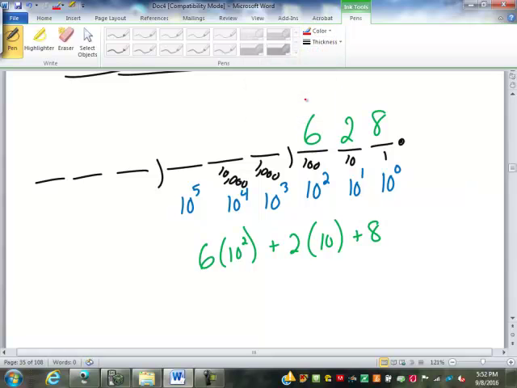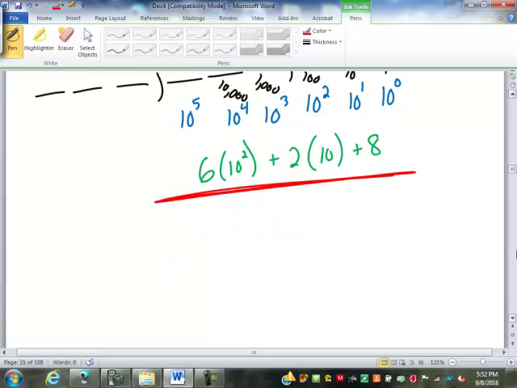Now with our number written out like this in its full form, we can compare it to an algebraic number and see the similarities. If we look here, we see the place values are 10 squared, 10, and then there appears to be nothing there, but it's 10 to the 0.